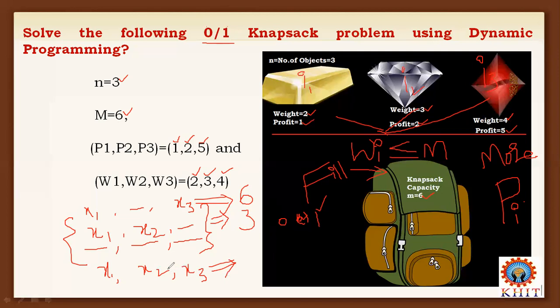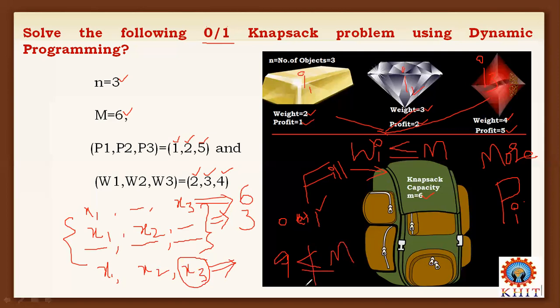Then only 1 kg is left, because when you fill the bag with the x1 and x2 items, the bag is occupied by 2 plus 3, 5 kg. If you want to fill the bag with the third item also, you cannot place it, because the bag capacity is exceeded. 2 plus 3 plus 4 is 9, and 9 is not less than or equal to M. The condition is false.